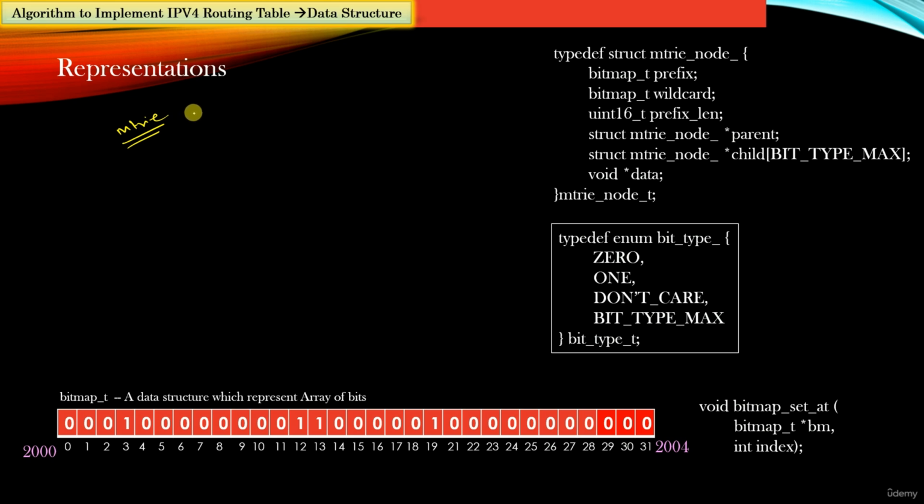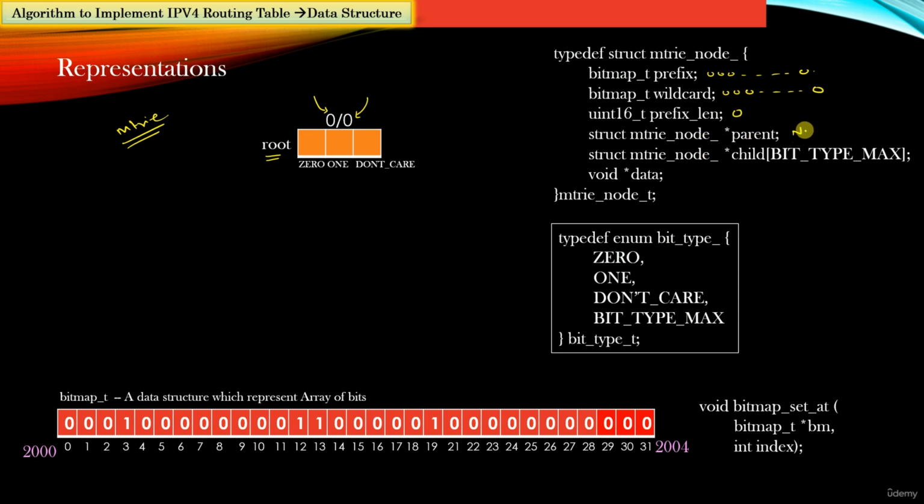So this represents the root of the mtry, and the special thing about the root is that it does not have any effective prefix and its prefix len is 0. It means that this particular bitmap will contain all zeros and the wildcard also contains all zeros. The prefix len will be 0.